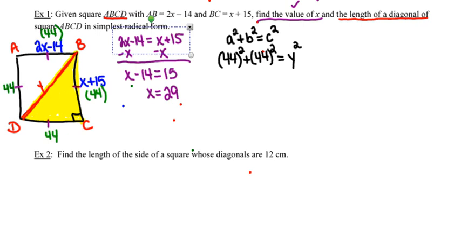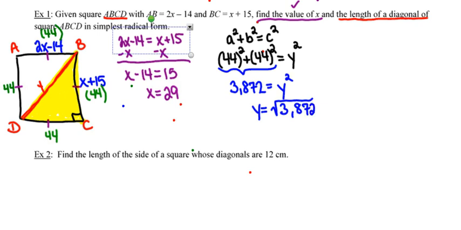And when I go to get my calculator out, and you should get your calculator out too to double check my math, I find that the sum of 44 squared and 44 squared is 3,872. And now when I solve for y by taking the square root of both sides, I find that the value of y is the square root of 3,872.